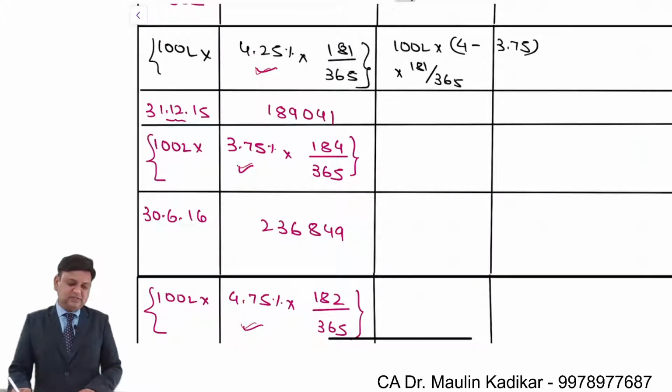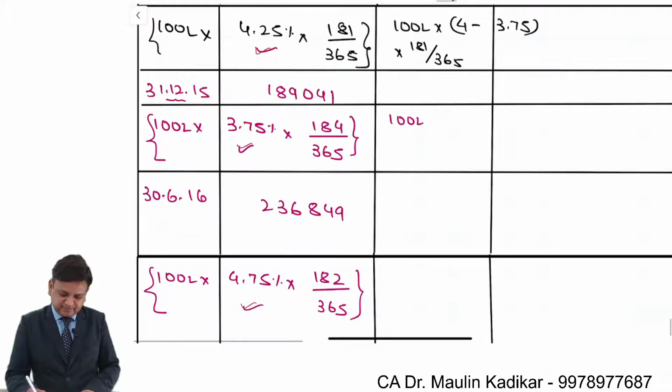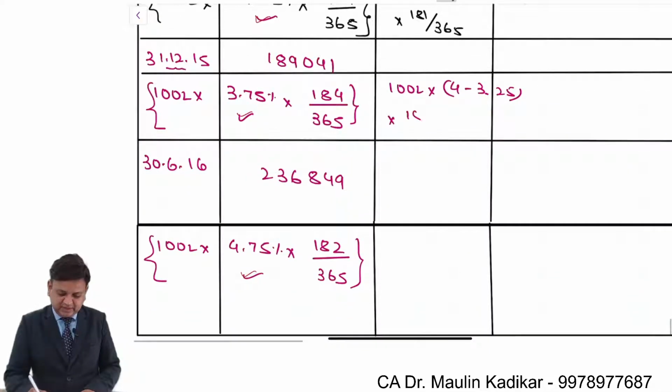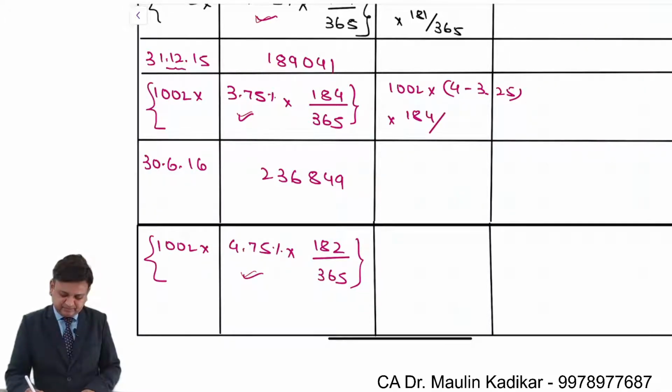Then 31st of December 2015, again you have to pay. So it is 100 lakhs into 4 minus 3.25 into 184 divided by 365.